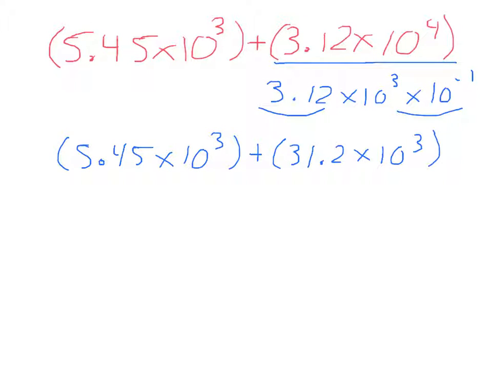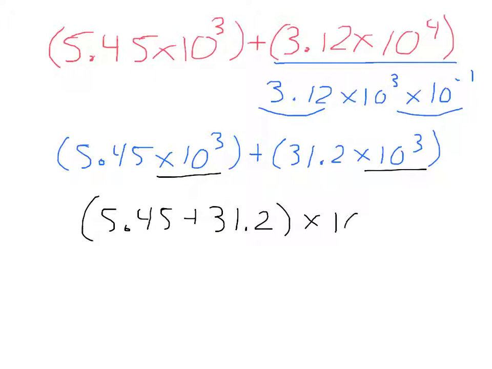If you remember the term factor out, I'm going to factor out the 10 to the third from each of those terms, which leaves me with 5.45 plus 31.2 times 10 to the third. Well, now I could just add those together. And when I add them together, I get 36.65 times 10 to the third.